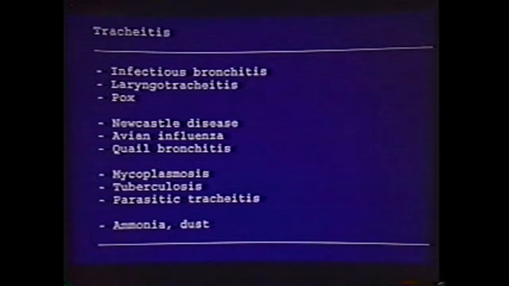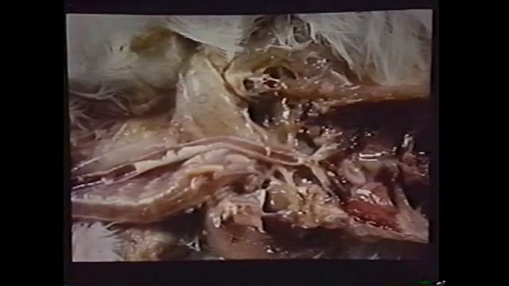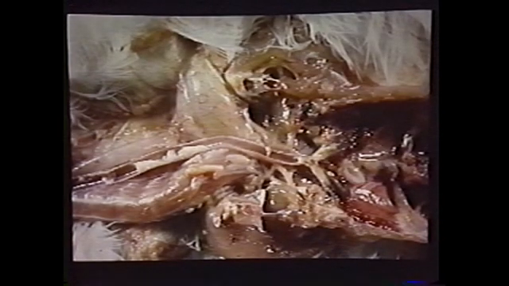With the exception of diseases like laryngotracheitis, pox, adenovirus, coelobronchitis, TB, and parasitic tracheitis, where there are some characteristic histopath findings. I'm going to go over some of these. Here is a young chick, and you can see that caseous plugs are present in the trachea as well as in the bronchi, the bifurcation of the bronchi.